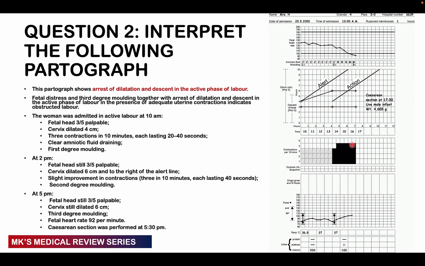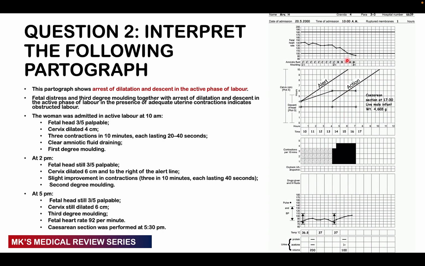So the contractions here are not the problem. It means there must have been some other issue. And as you can see, the fetal heart rate was showing a decline. Initially, when you saw this grade 2 molding, there was a decline, and then you eventually crossed the 100 mark at this particular time.